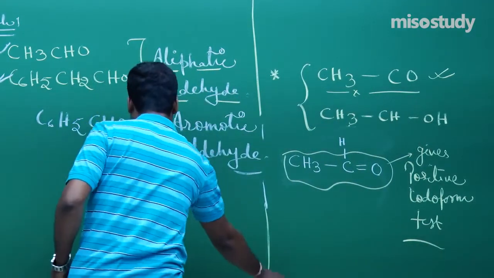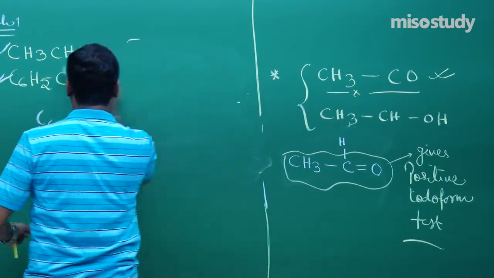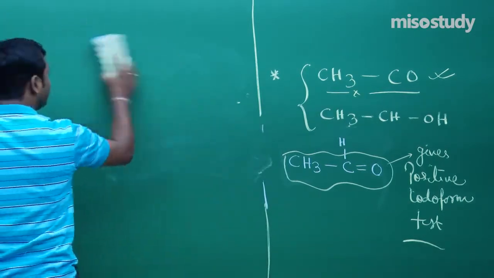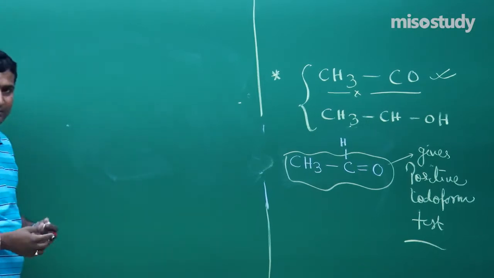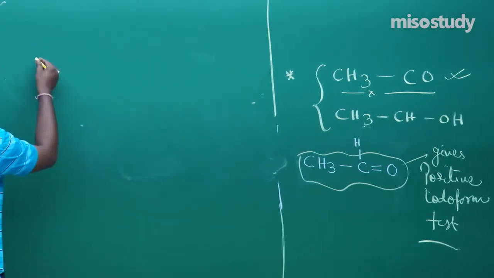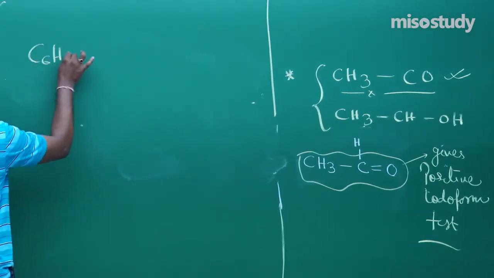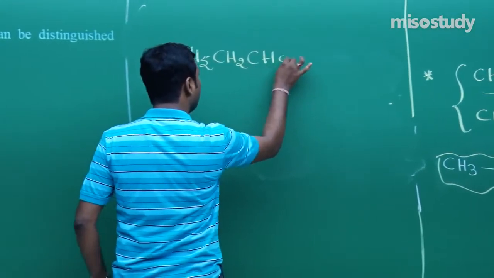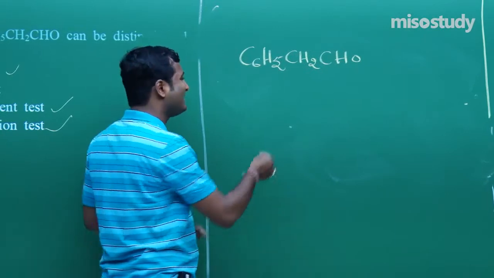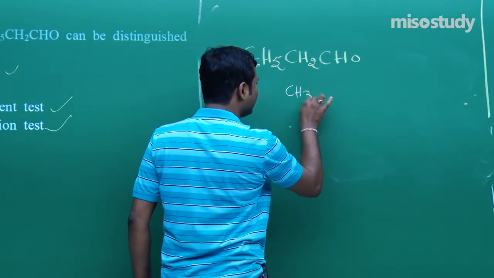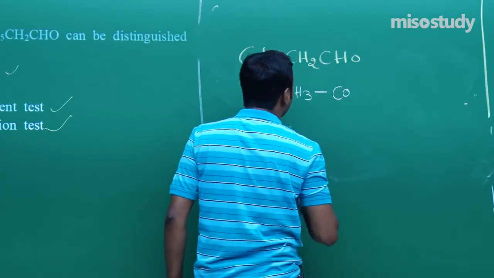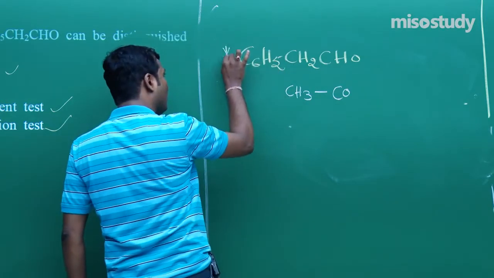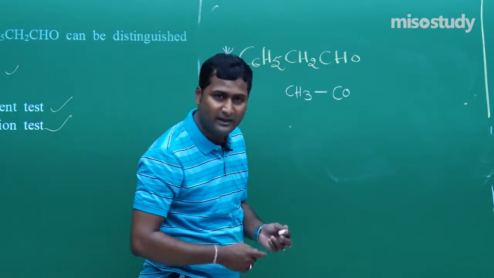But if we compare this with C6H5CH2CHO, listen carefully, there is no CH3CO linkage, so it will not give a positive iodoform test.